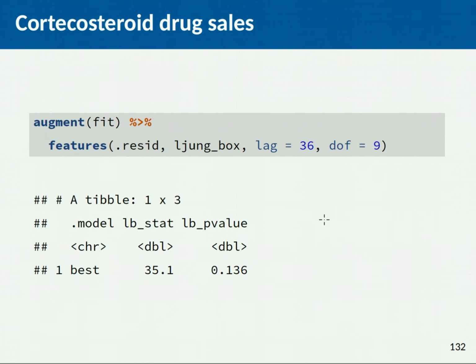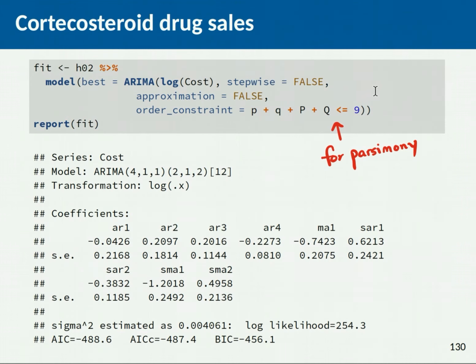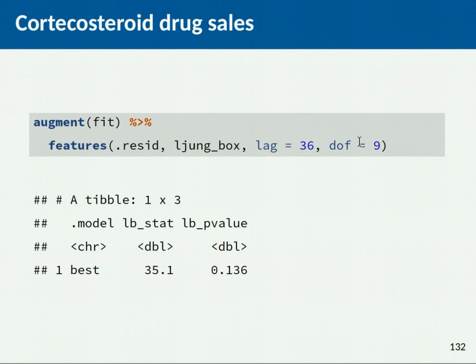The degrees of freedom that we have used up are 9 because we've restricted it to less than or equal to 9 parameters. And look, we have estimated 1, 2, 3, 4, and 1, 2, 3, 4, 5. So 4 plus 5, 9 estimates. That's why degrees of freedom are 9.